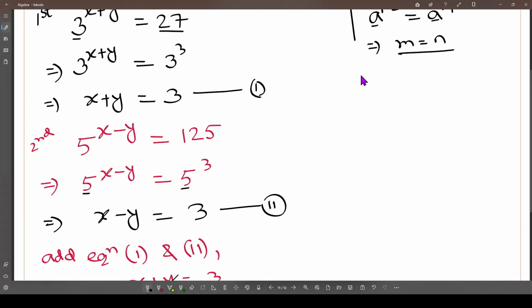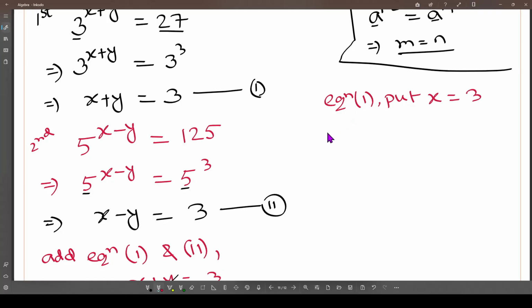Now in any equation, 1 or 2, you can put the value. So in equation 1, put x equals 3.